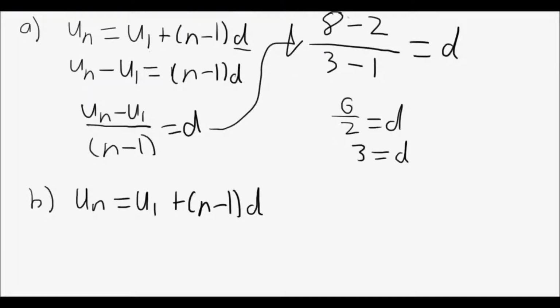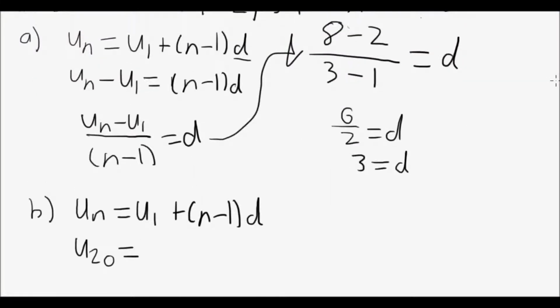Let's do that. We know that u of n is really u of 20 because we're trying to find what the 20th term is equal to. We're already given the first term by the information given by the problem, in this case it's 2. We have n, which is going to equal 20 because we're looking for the 20th term, minus 1 times d, and we calculated d in the previous problem.